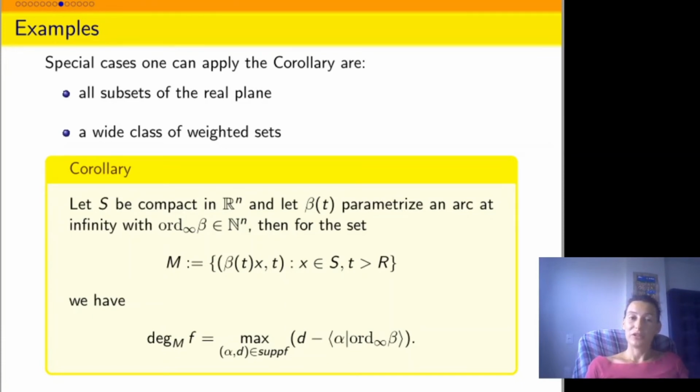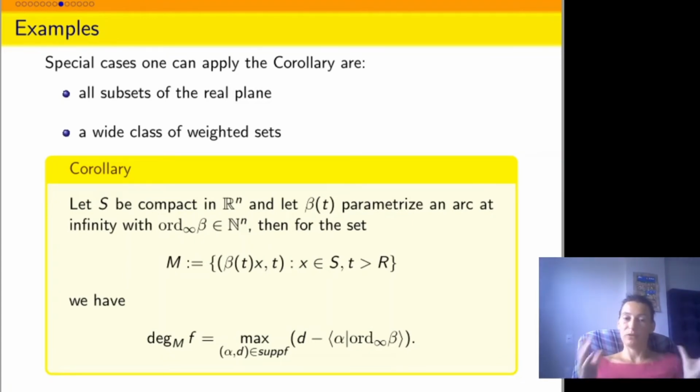Then for this set, which is beta acting on x, meaning beta 1 times x1, beta 2 times x2 coordinate-wise, it's similar to this S kappa set, but in fact, one can show that only the order at infinity of beta is what dominates the inequalities in the description of the relative degree.